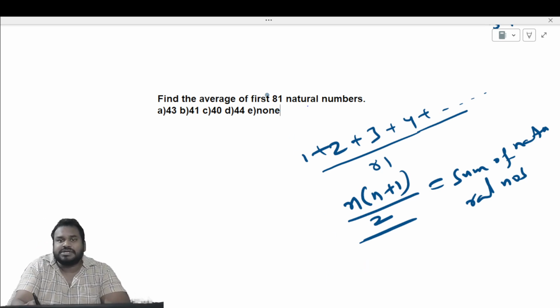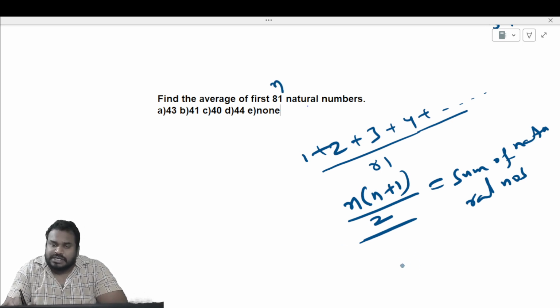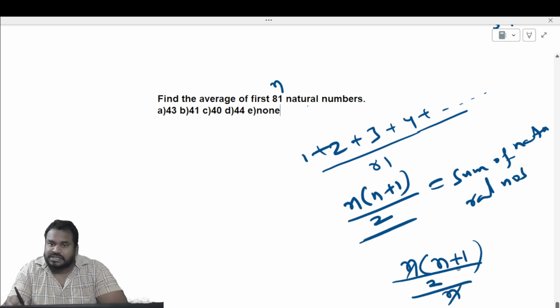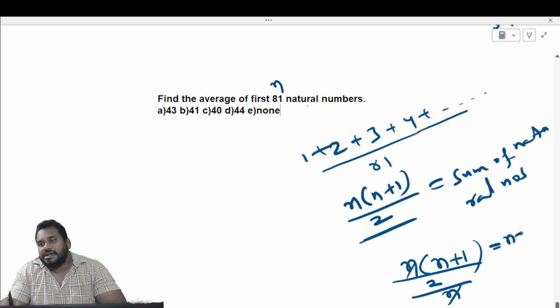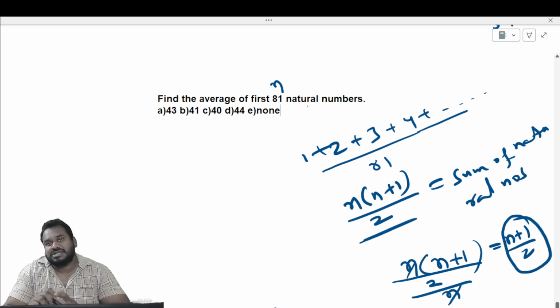So the average is n into n plus 1 divided by 2, divided by n. Now this n and this n get cancelled, and it becomes n plus 1 by 2. So this is the formula to find the average of the first n natural numbers.